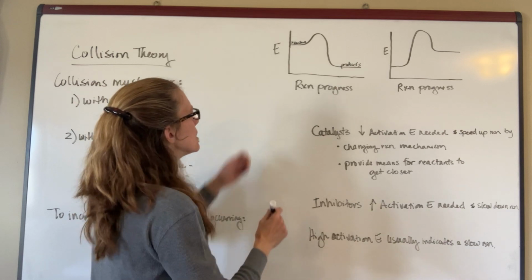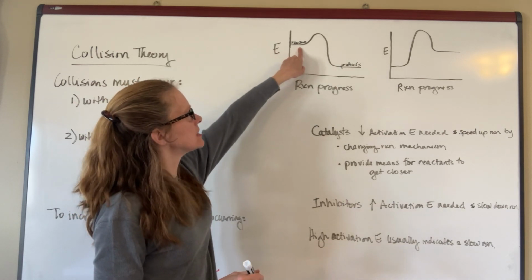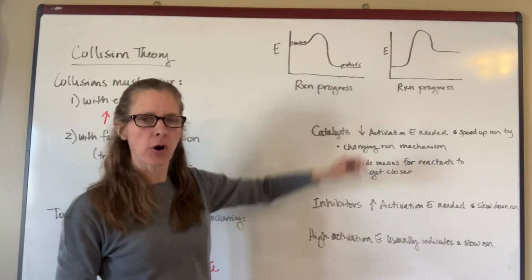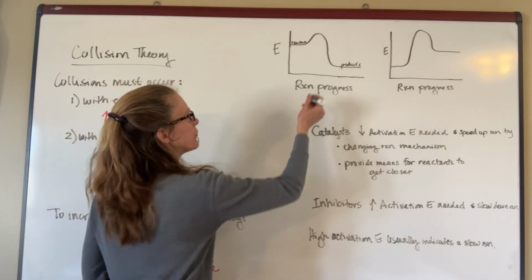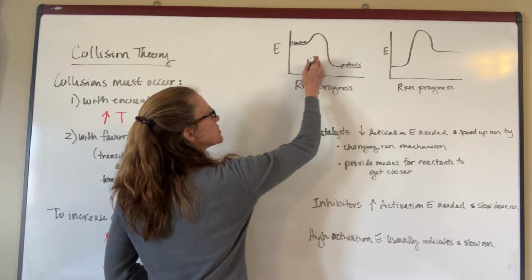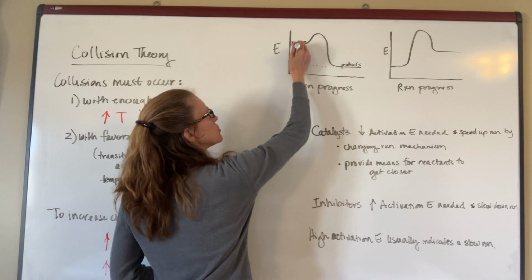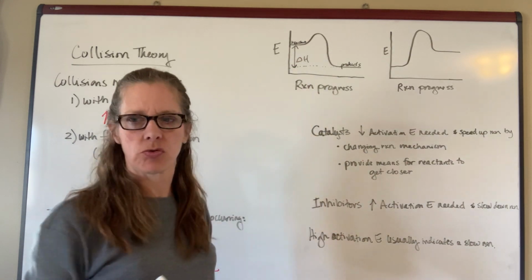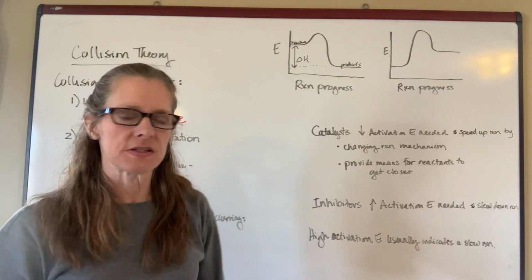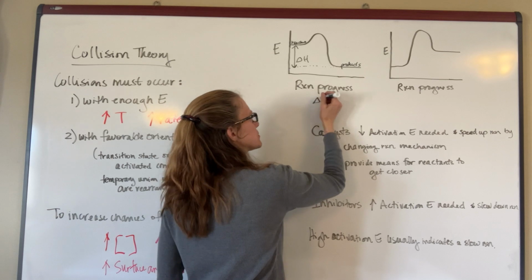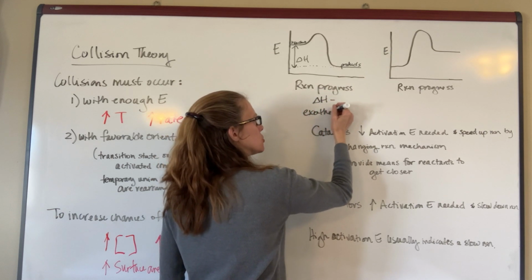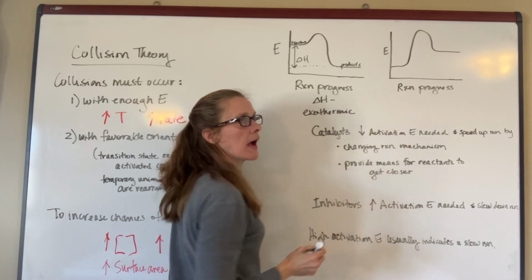And in this particular case, the reactants have more potential energy than the products do. And so therefore, the difference between the energy of the reactants and the energy of the products is going to be the delta H for the reaction. And so as you can see here, this delta H is going to be negative. And so that means this graph shows an exothermic reaction.